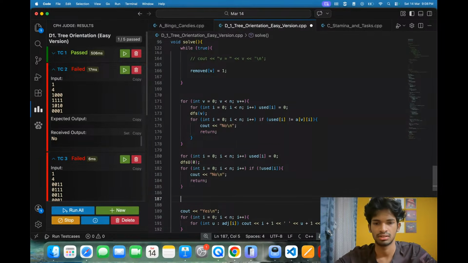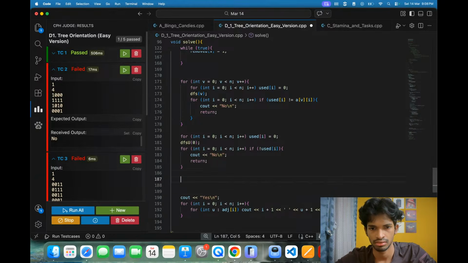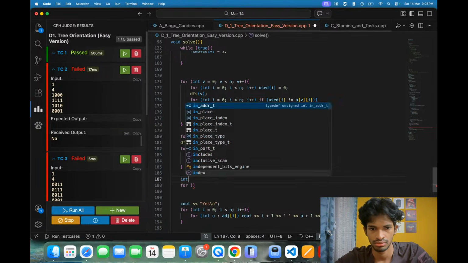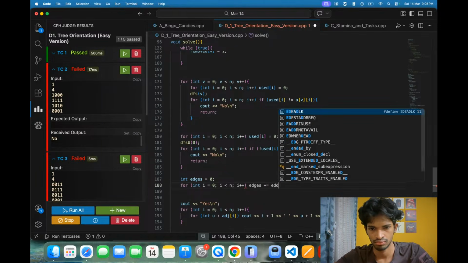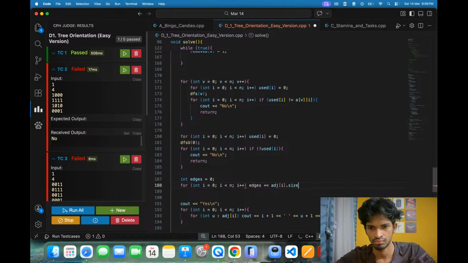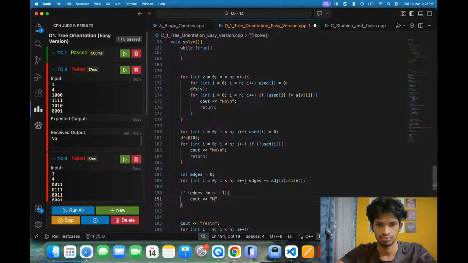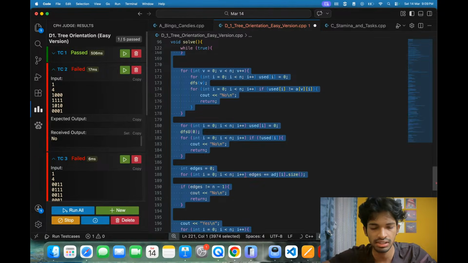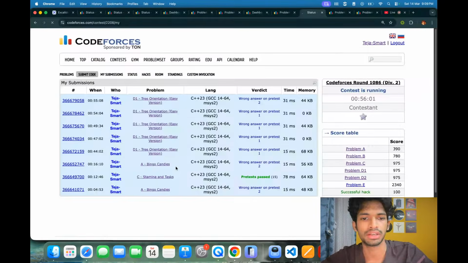Let me add one more check. I think this is a necessary one because just because they all form it together doesn't mean they have to be a tree, right?